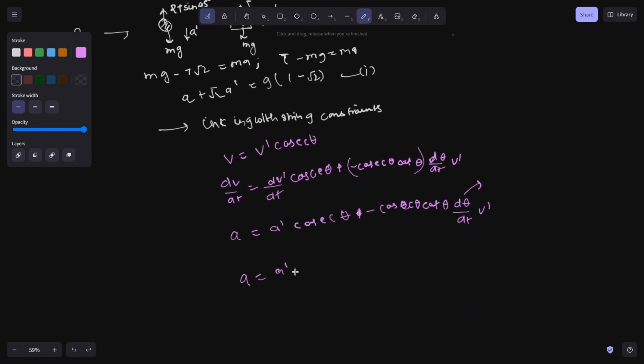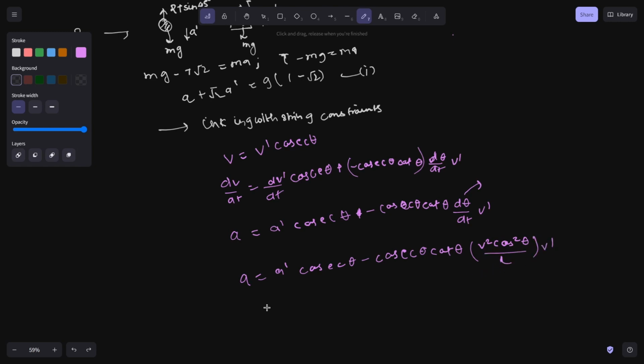So a is equal to a' cosec theta minus cosec theta cot theta, v cos square theta by L, v'.